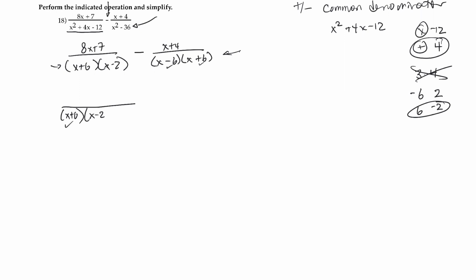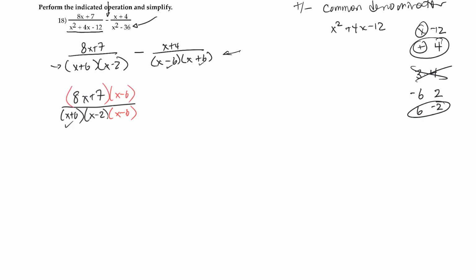But I don't have an x minus 6, so I need to include one of those on the bottom too. Let me just put it in a different color. So I have 8x plus 7 over (x plus 6)(x minus 2), but for my common denominator, I also need to have an x minus 6 down there.